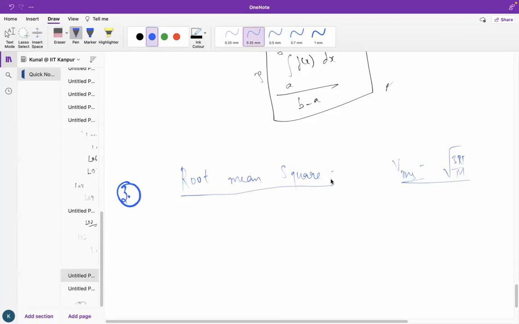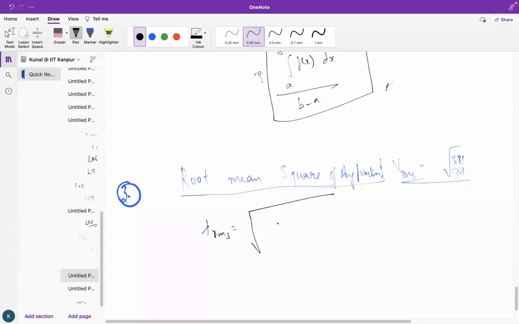Root mean square of any function, not just the velocity, but any function. Okay, so what is its formula? Let me write it here. The lambda RMS means the root mean square of any function. Okay, it is also an average value, but it is actually greater than the average value.